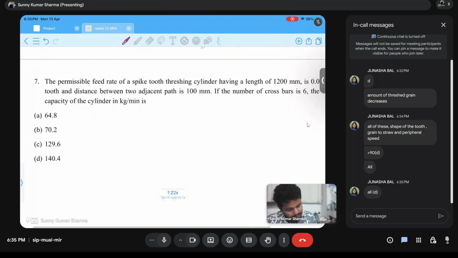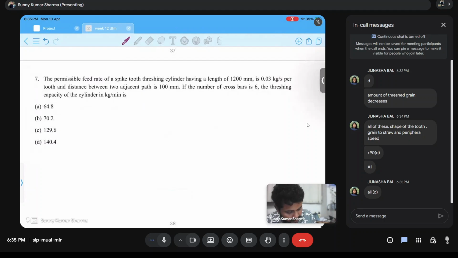Next question is, permissible feed rate of a spike tooth threshing cylinder having length of 1200 mm is 0.03 kg per second per tooth, and distance between two adjacent paths is 100 mm. If the number of crossbar is 6, the threshing capacity of cylinder in kg per minute is.